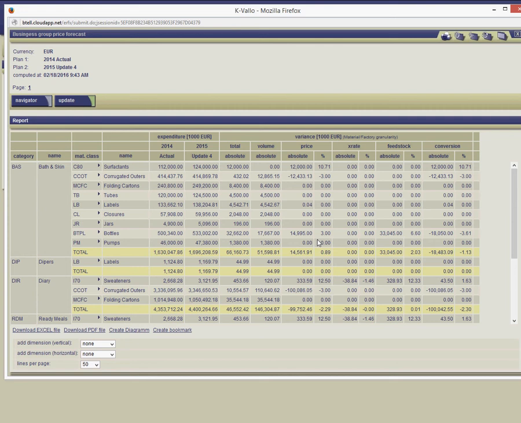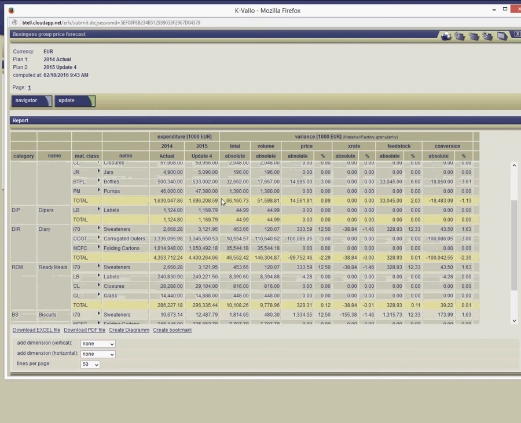So we have now shown that with K-Vallo you can make business planning by providing individual prices, as we've done for tegobetain. We can change feedstock prices and then apply the price to the material, as we've done for bottles. We can use global commodity markets, as we've done for sugar, and we can have flat assumptions, as we've done for corrugate.